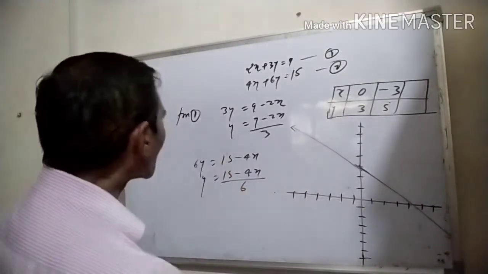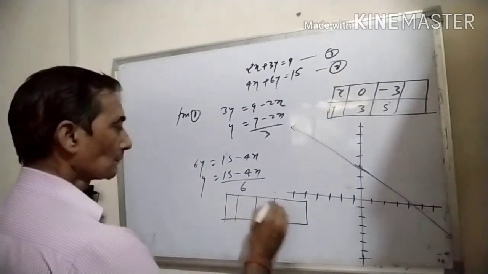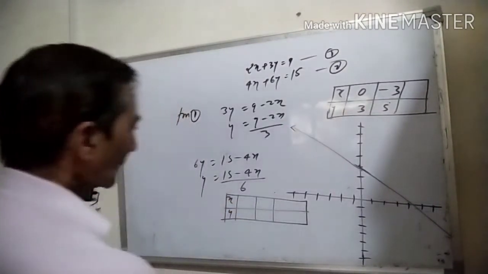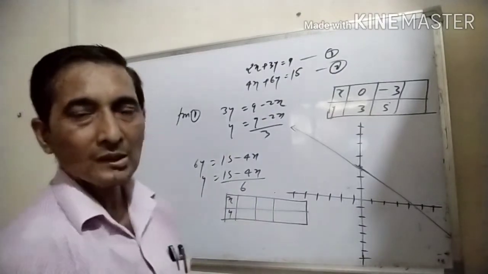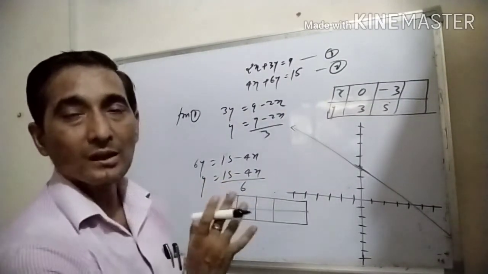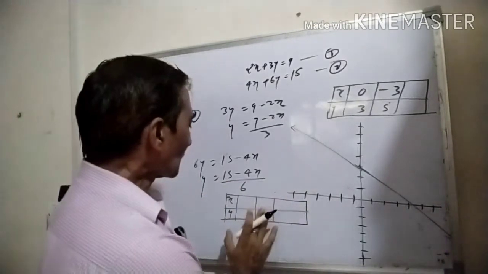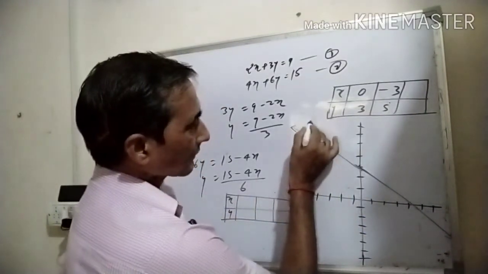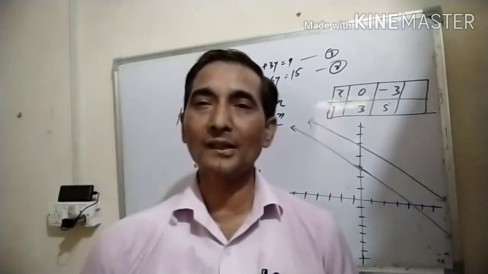Then x and y. There are so many values on this line, and when the numbers are traced on the graph paper, you will get a line just parallel to the given line.